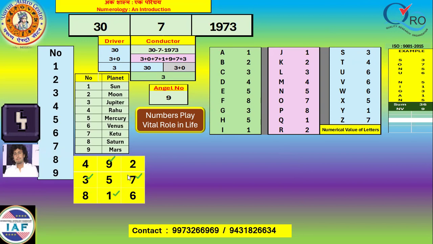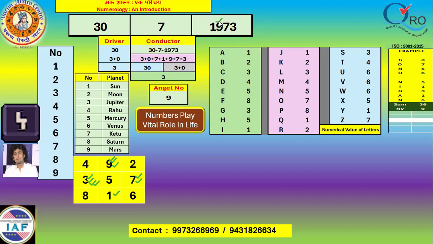9, 7 double, 3 double, 3 triple, 3 four times, 9, and name is also giving 9. So 3 nines are coming.